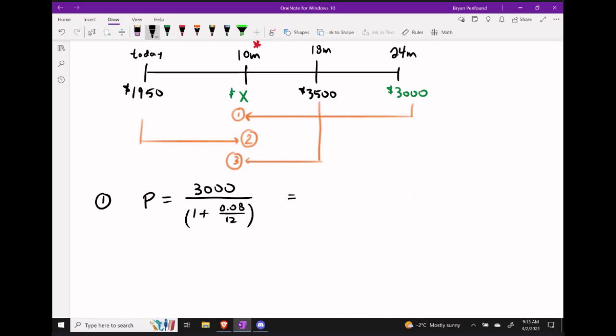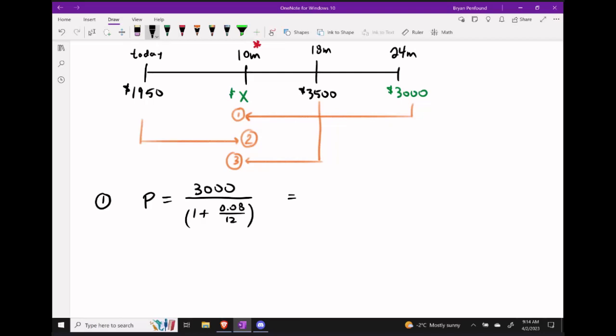Let's begin by trying to find the principal amount or present value of our $3,000 payment that's happening at the 24-month mark. I know that we have to use the present value formula because my arrow is pointing towards the left. So let's take our $3,000 and divide by 1 plus i. i in this case is 8% compounded monthly, and then we need to figure out the value of n.